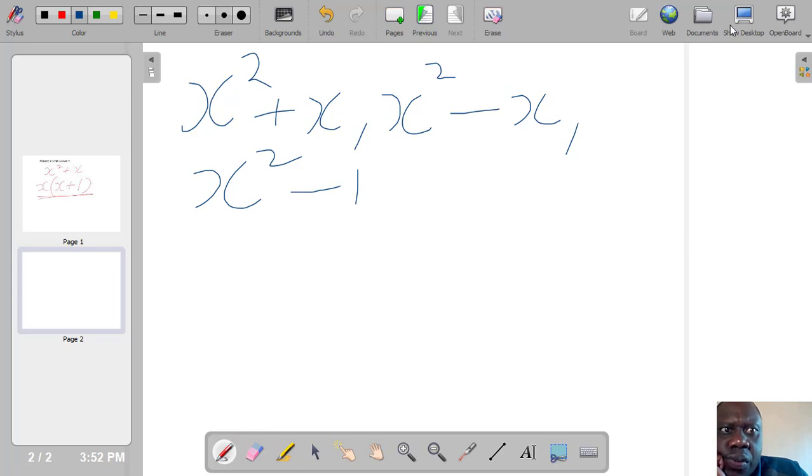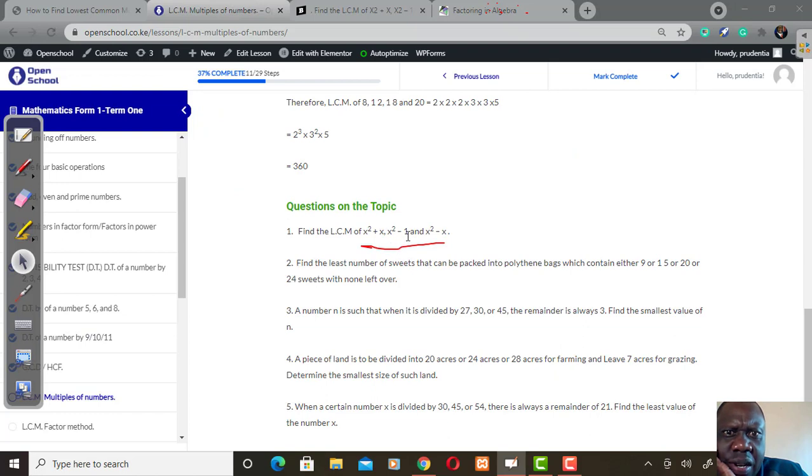So let's just confirm that is the right thing: x squared minus 1, x squared minus x, and x squared plus x, this one here. So let's go back and try to do that.